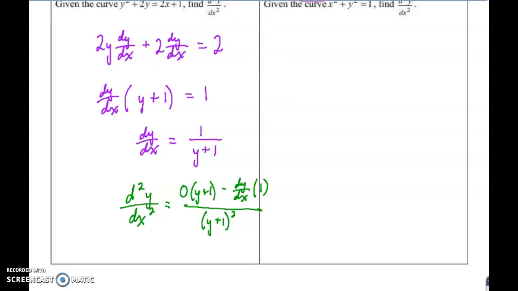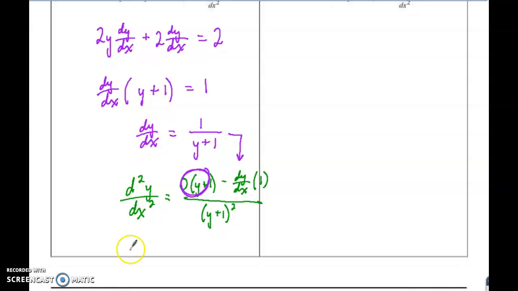Alright, well, let's simplify that. Because we know 0 times anything is 0, and we know dy/dx is equal to that. So what we're looking at then is that that is equal to the negative of 1 over y plus 1, divided by y plus 1 squared.